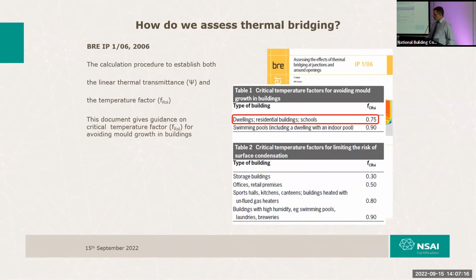This is the value we use in dwellings typically to ensure that we are being robust in our detailing and we're not going to fall foul of any cold spots or internal surface condensation occurring for a normal dwelling with normal occupancy. Again, I think Andy might have touched on it earlier. If we're in a laundry or a swimming pool environment with higher humidity levels, the parameters set on the fRsi value are more onerous, set at 0.9, which means an internal surface temperature of effectively 18 degrees or more.